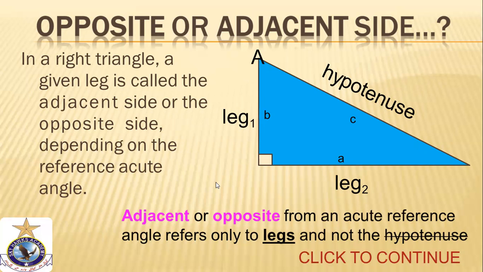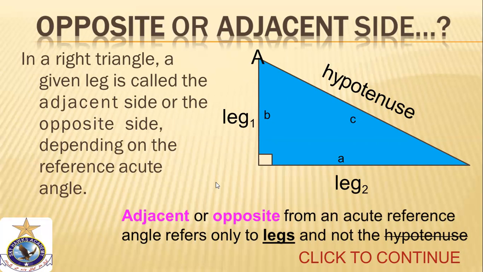So opposite is gonna be from A, it's B, and then adjacent is... Wait, can adjacent be the hypotenuse, right? No, that's the opposite to 90 degrees. Forget about that.